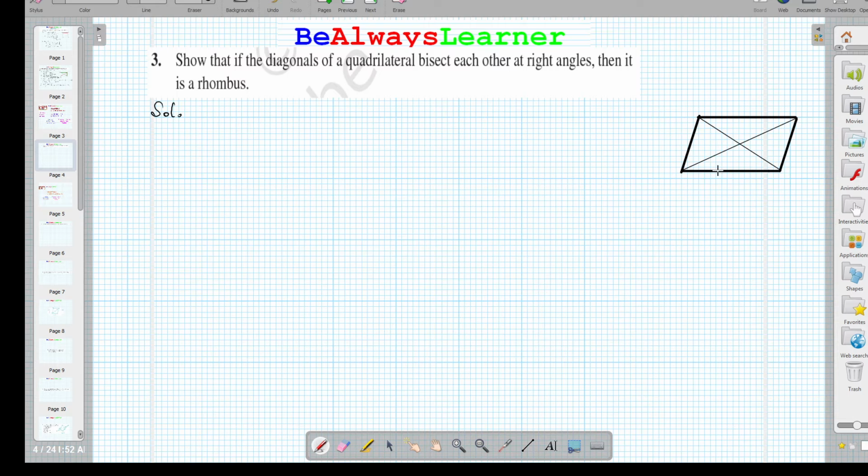So we can label it. This is O. This is A, this is B, this is C, and this is D. So we are having these four sides.